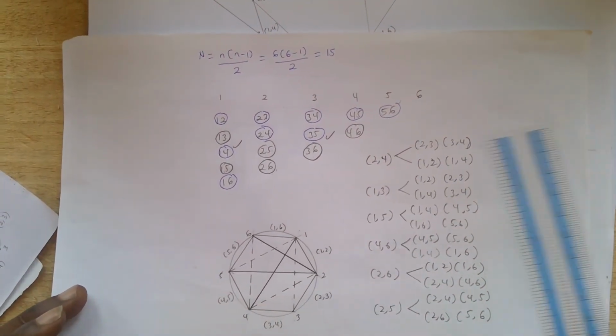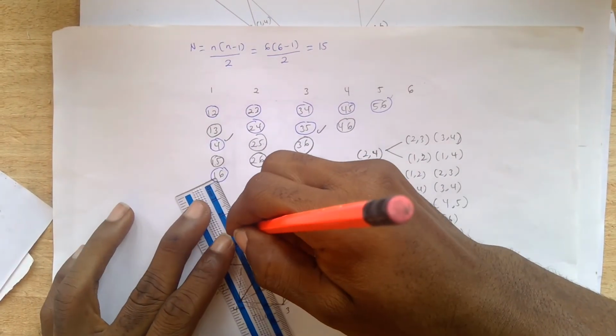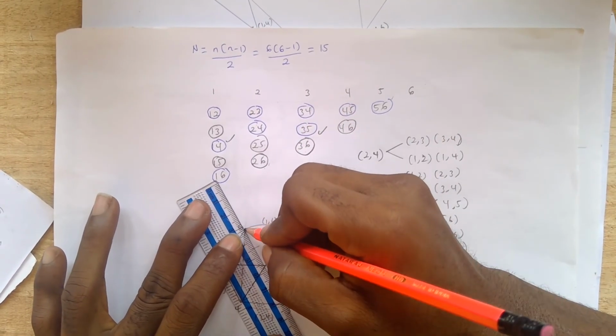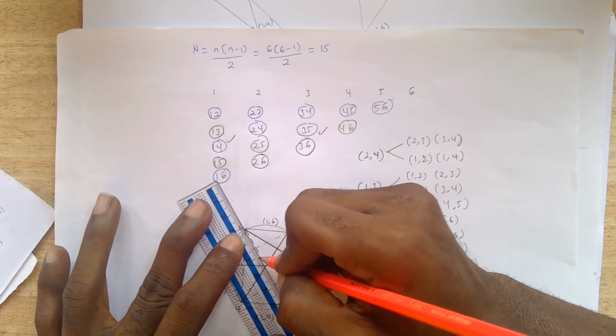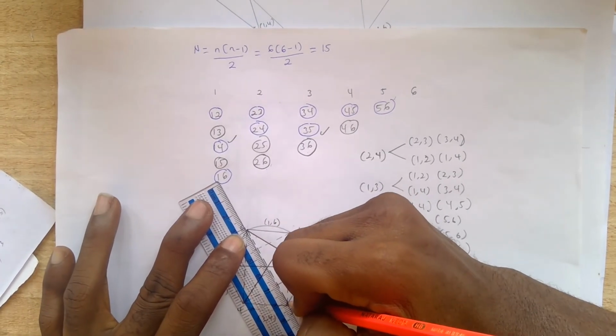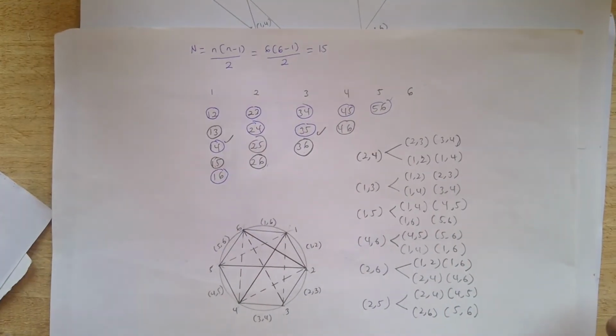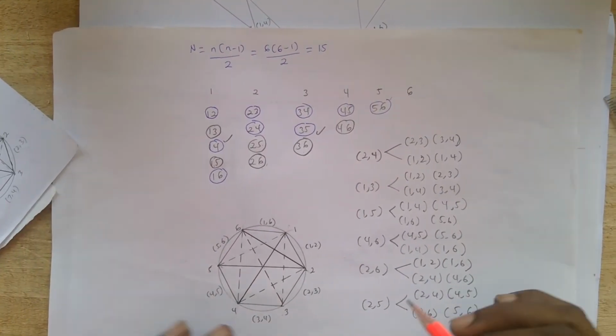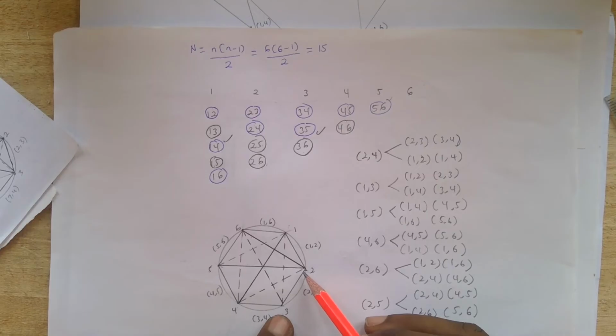For 3-6, let me join 3 to 6. Let me make these dotted lines. For 3-6, let's look at what we have.